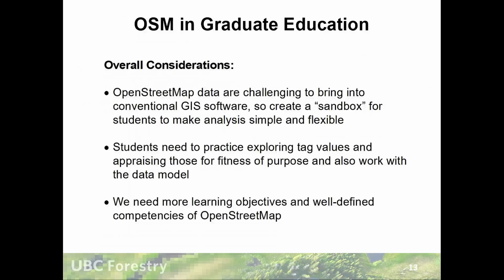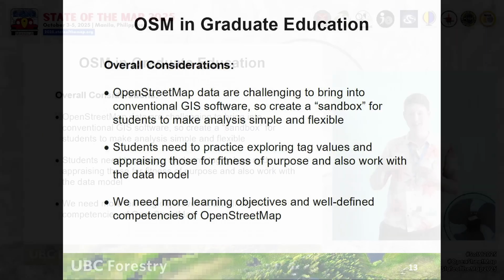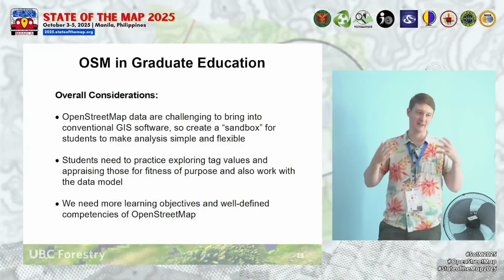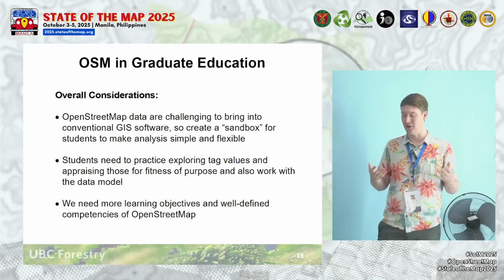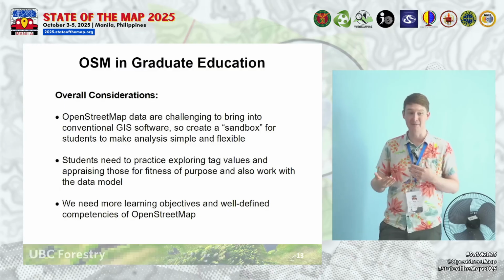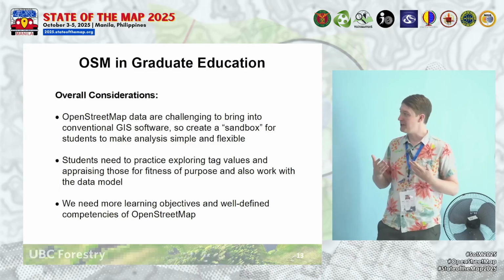Next slide, please. So some general overall ideas and things that have come up. As I've already said, there are a lot of challenges with using OpenStreetMap in conventional GIS software. There are, of course, plugins, I know this, but I don't always want to teach a plugin because they go out of date, they need updating. It's already difficult enough to update my lab instructions every year.